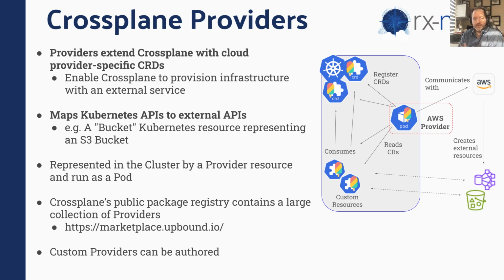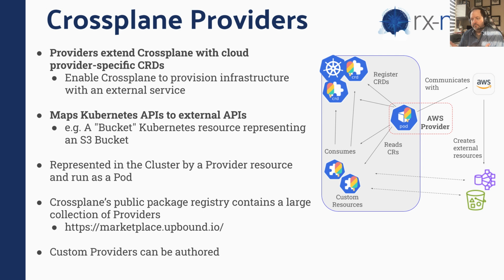For example, EC2 or S3 or Elastic MapReduce, whatever those things might be. So this will map a given Kubernetes API to an external API. Right? For example, here on our slide, we say a bucket Kubernetes resource that represents an Amazon or AWS S3 bucket. We'll map the Kubernetes custom resource to the Cloud API.